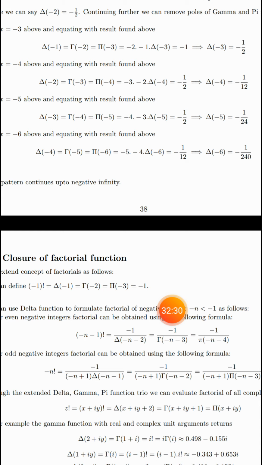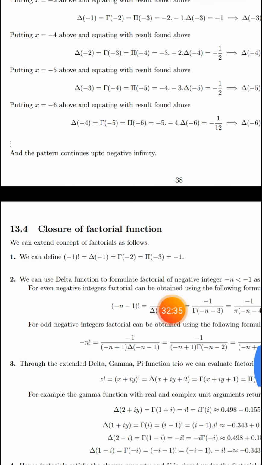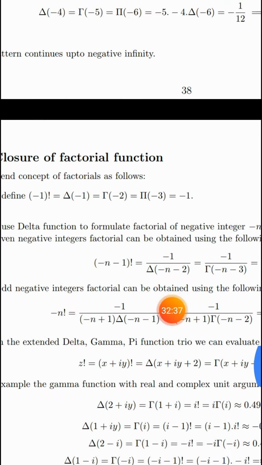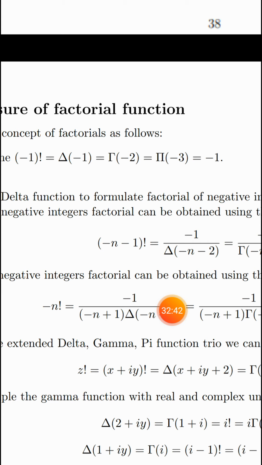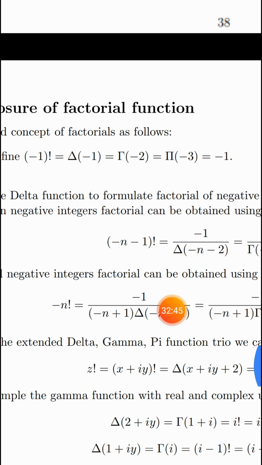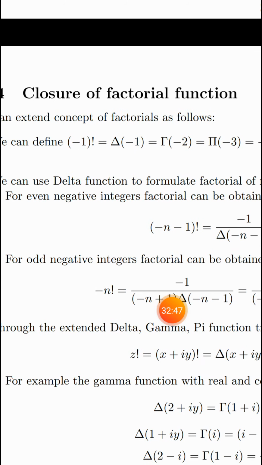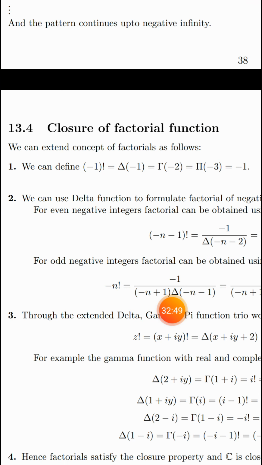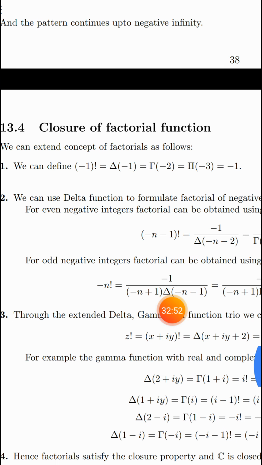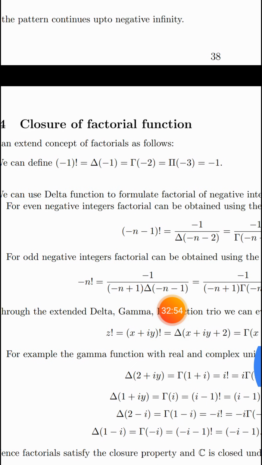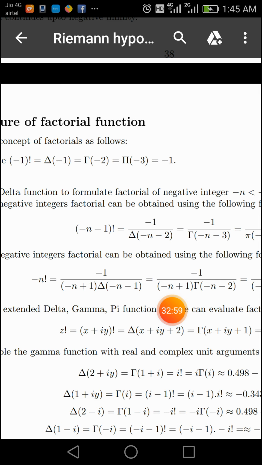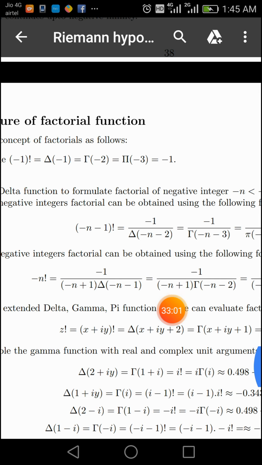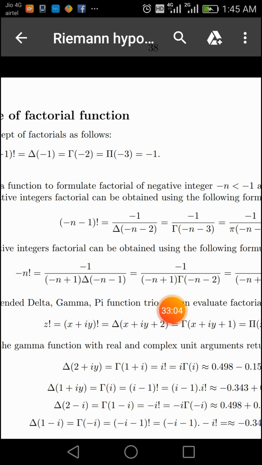Okay, we need to see there is a shift, a minus 1 kind of thing. So when defining the factorials for negative values, we have to be careful. We have to give two separate representations, one for the even numbers and one for the odd numbers. So for negative factorials, it will be minus 1 upon delta minus n minus 2.